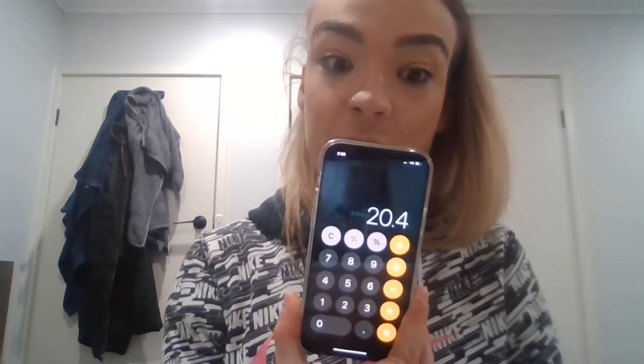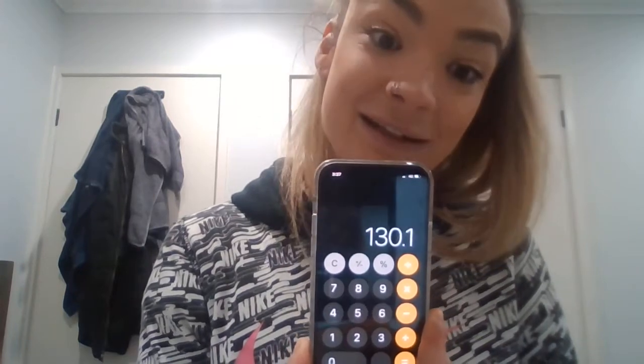So 47.7 and 62, we'll write these down. And then it has listed 5.1 grams of carbs, and 1 gram of carbs is 4 calories. So that is 20.4 calories. When you add up 20.4 plus 62 calories worth of protein plus 47.7 calories of fats, you get 130.1 calories.